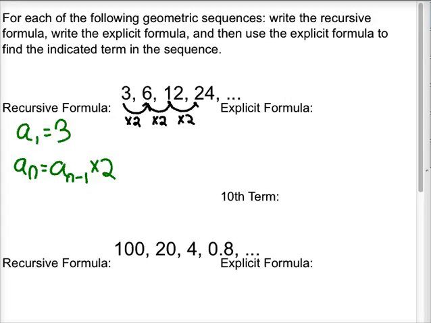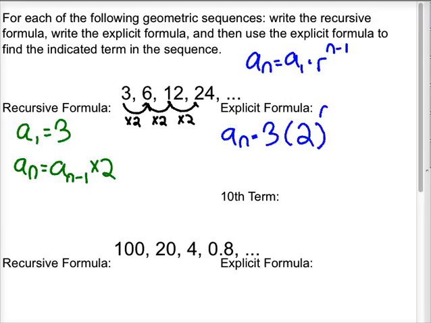For the explicit formula, now I'm just plugging that into this. So again, just a little reminder of what that looked like. So explicit formula, my first term is 3 and my rate is 2 to the n minus 1 power.